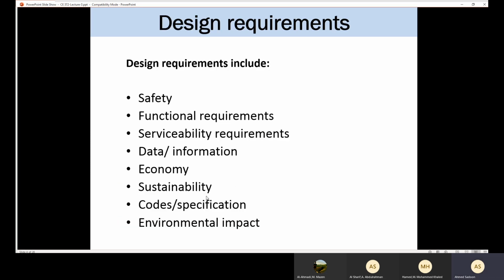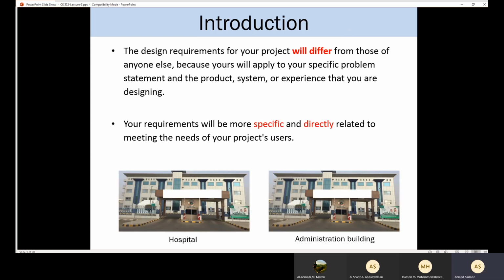Also, we have the sustainability requirements. We need to determine how friendly the building is going to be with the environment, and how much you are going to hurt the environment or not.